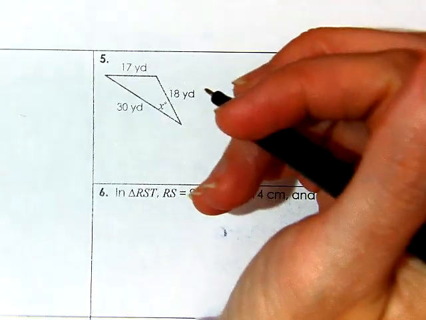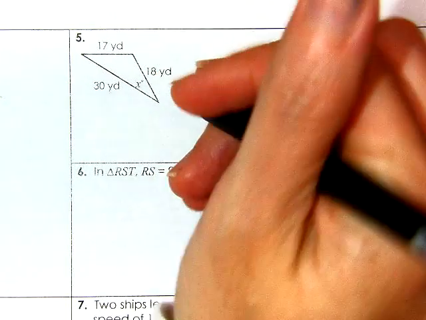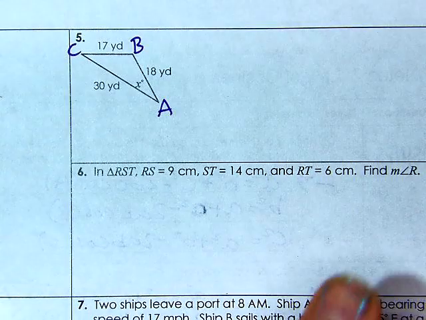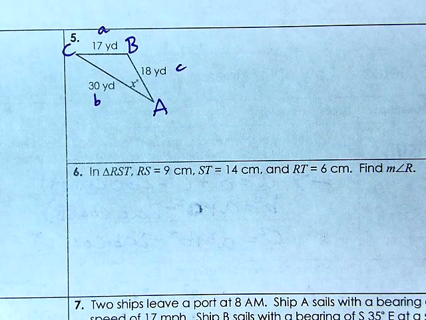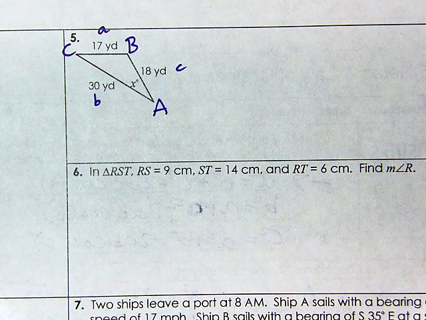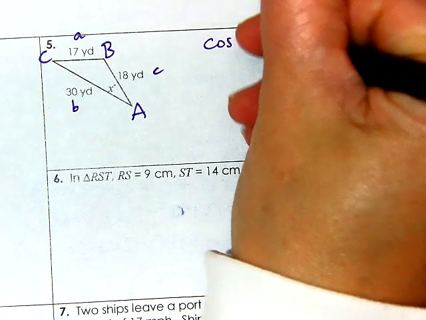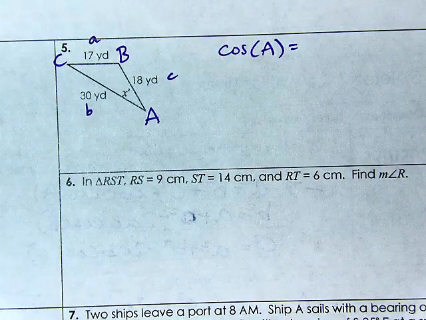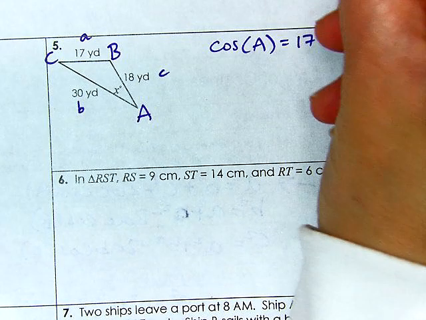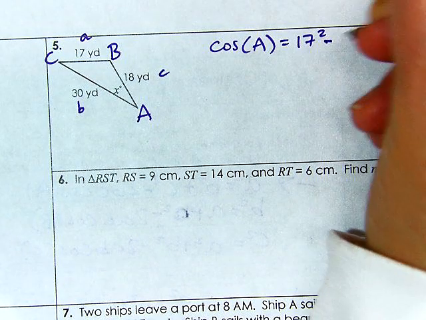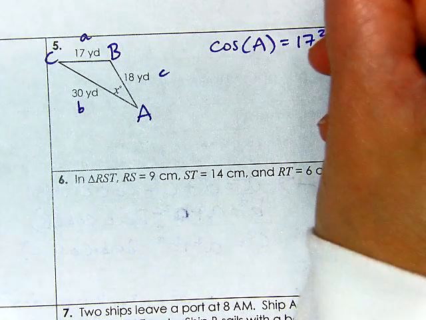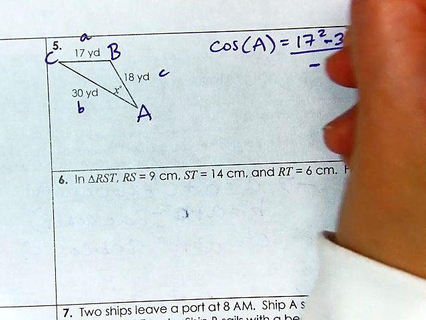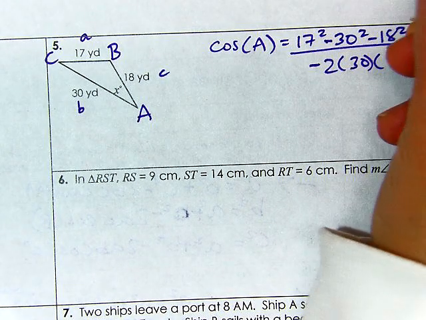Again, I just like to use A if I can, your preference. So I'm going to say A, B, C. Using the formula, the cosine of A is going to equal 17 squared minus 30 squared minus 18 squared over negative 2 times 30 times 18.